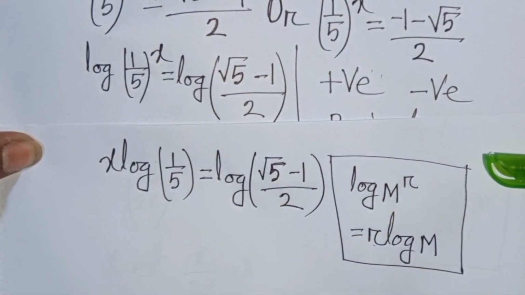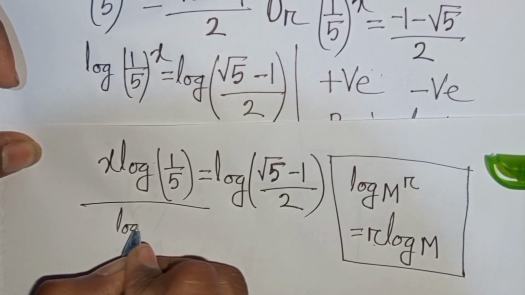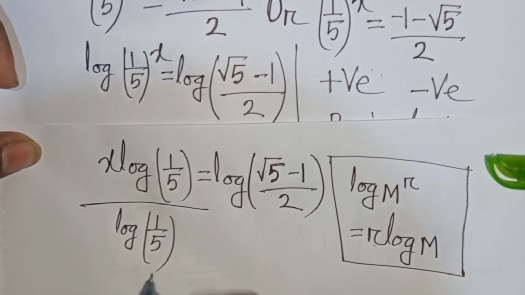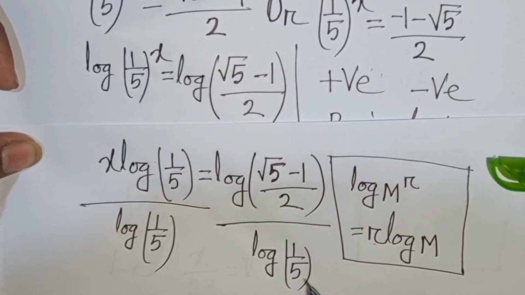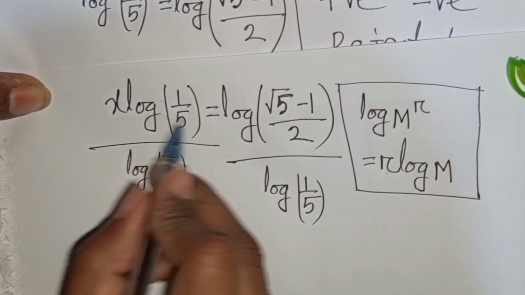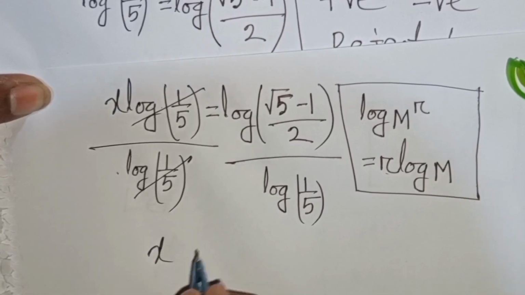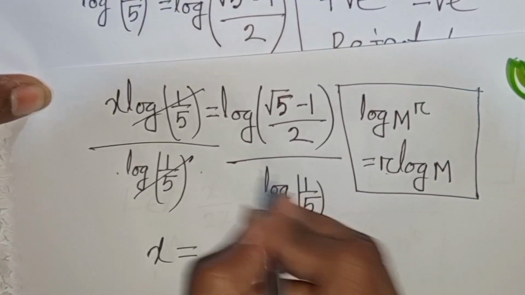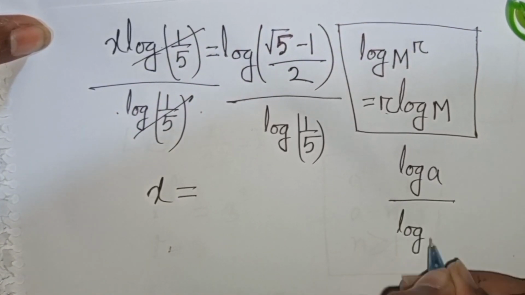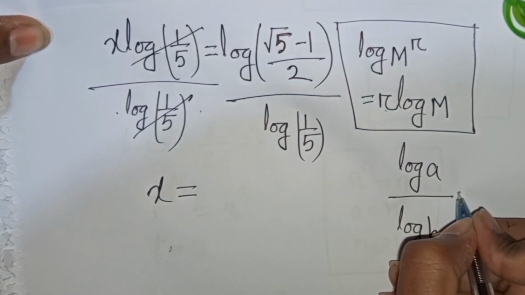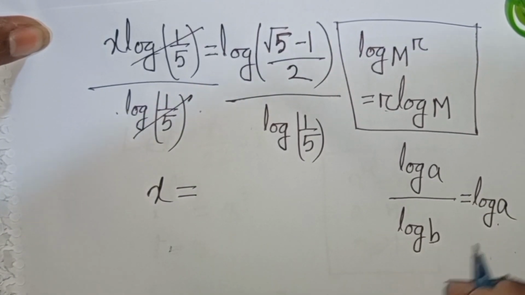Now we need the value of x, so we divide by log of 1/5 on both sides. Now we see this log of 1/5 will be cancelled. So here x will be equal to, here I can apply this formula, log a divided by log b is equal to log a base b.